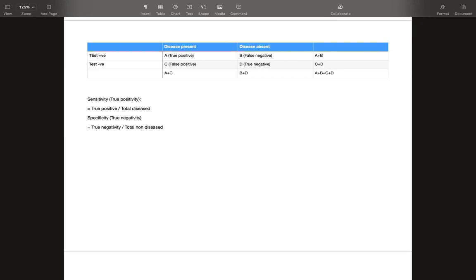We are talking in terms of a diagnostic tool, or you can say a test. So when will we call a test sensitive, and when will we call a test very specific?